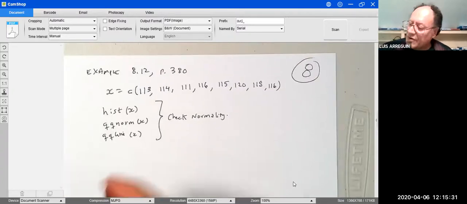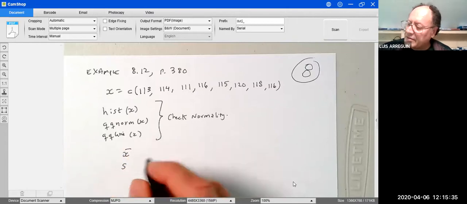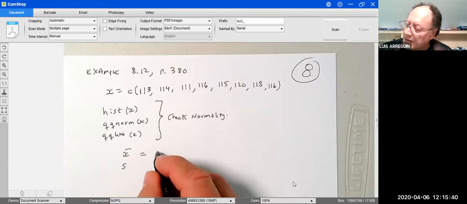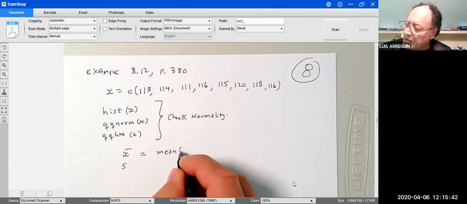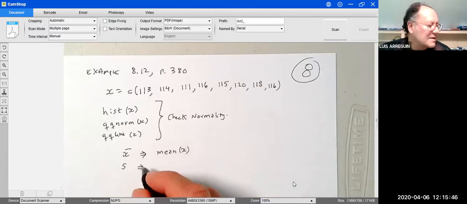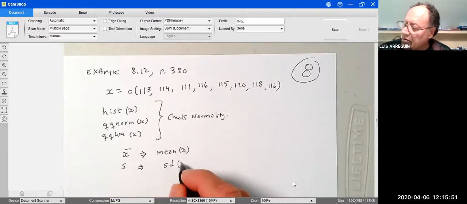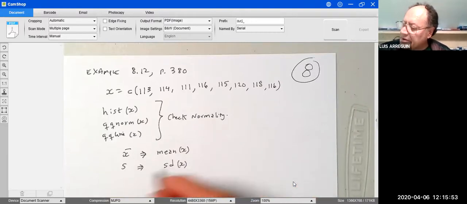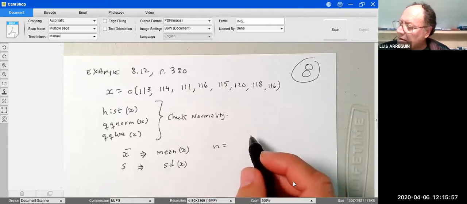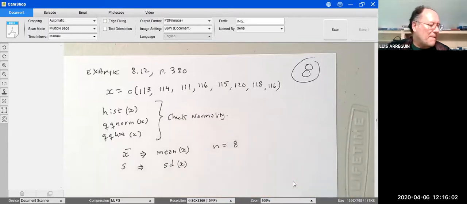Then we need to find the mean and the standard deviation. To find the mean, we're going to use mean of x in R. To find the standard deviation, we're going to use sd of x. n is given, so n is just 8 cookies.